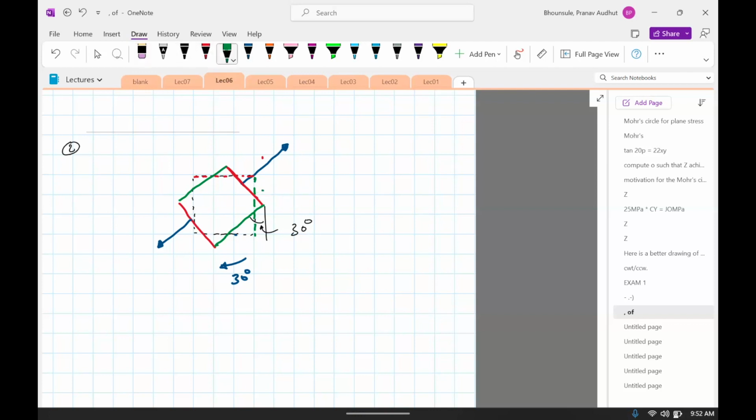So what happened here was the stress of sigma A was negative. This is sigma A. It now moved over here. This is sigma A prime. And I think sigma A prime was computed to be minus 25.89. This was minus 80.